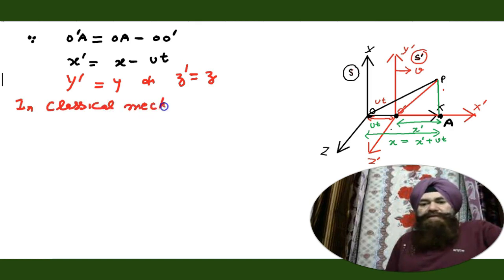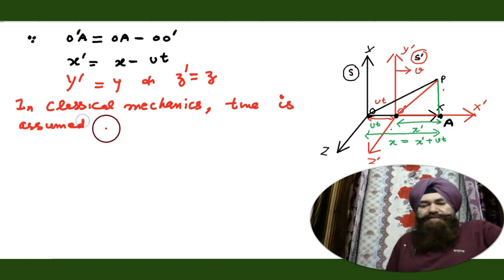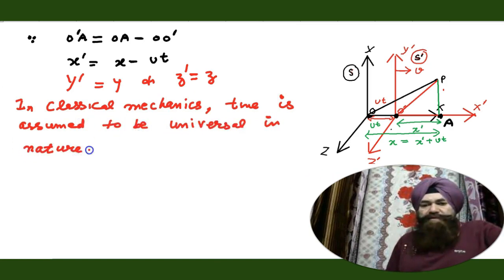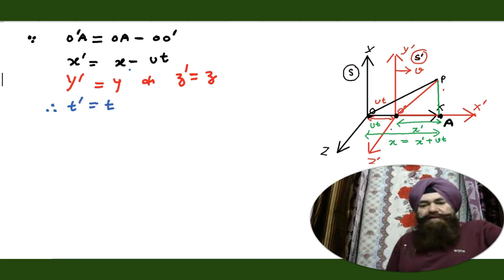Y dash remains equal to y, z dash remains equal to z, and you know very well the classical mechanics says that the time is assumed to be universal in nature. So t dash is equal to t.